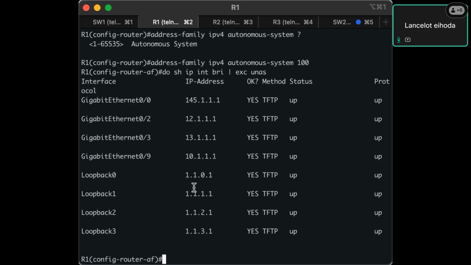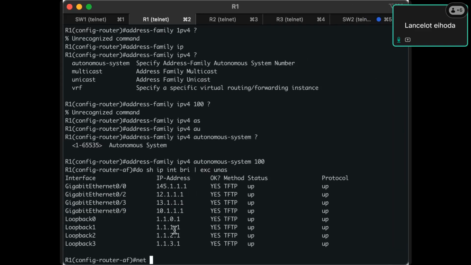Most times in production networks we make mistakes with the network mask, so I rather advertise each interface individually. We have all these interfaces in EIGRP 100, so instead of punishing myself, I'll just enter the network for each interface I want to participate.